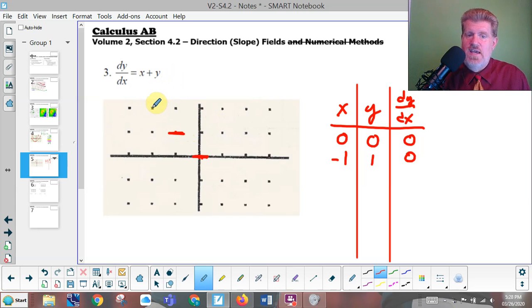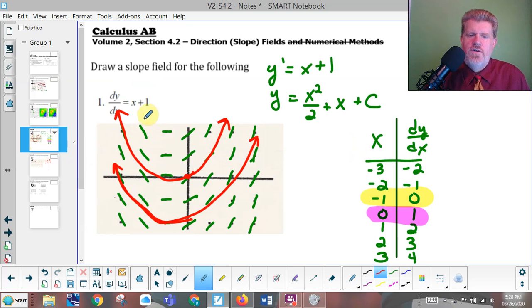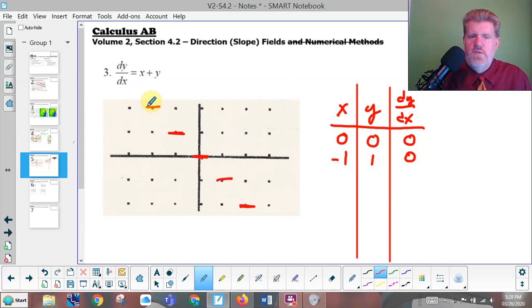So this is -2, 2. You add those up, you get a slope of 0. 1, -1, a slope of 0. So notice how this fits a pattern. Unlike that one, which fit a pattern that was straight up the x values, this is a pattern that would be diagonal. Let's see if that works for the next one.